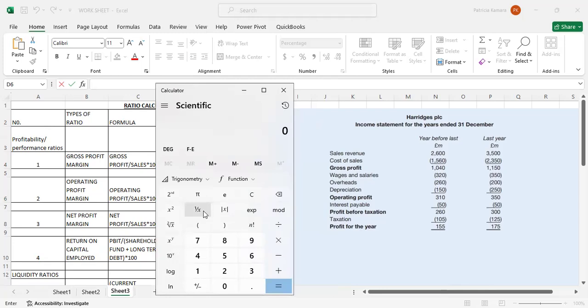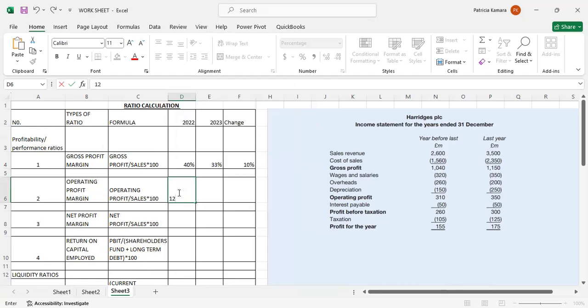So just in case you do not come across what an operating profit is, you can find profit before interest and tax. It means the same, okay? For 2022, our operating profit is 310 divided by our sales revenue of 2,600 multiplied by 100%. This will give us, let's say, 12%.